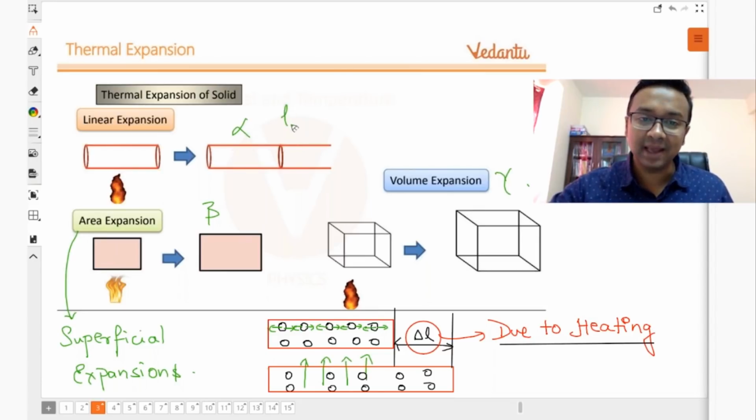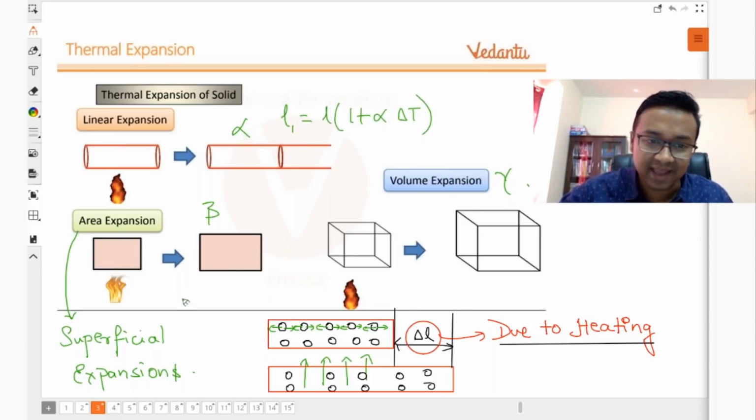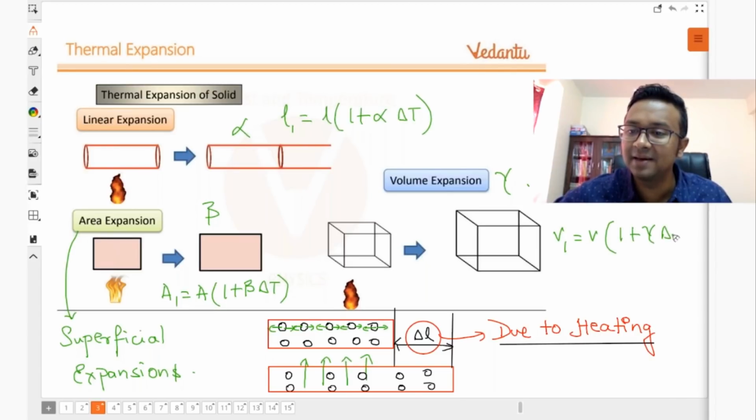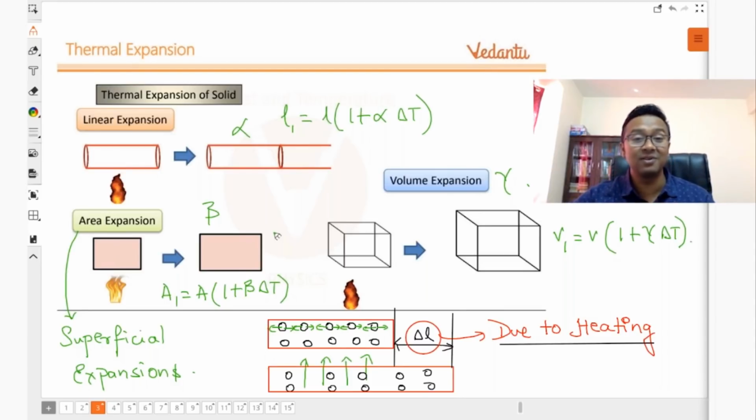For length, it is L into 1 plus alpha delta T. For the case of area, A1 is equal to A into 1 plus beta delta T. And for volume, V1 is equal to V into 1 plus gamma delta T. So these are the three most important formulas that we'll be looking at, and most of the questions are going to be solved using only these three formulas.